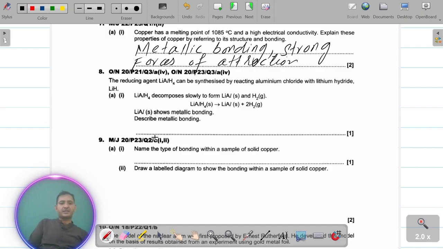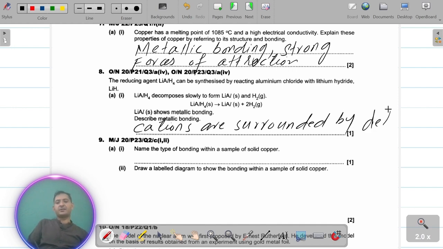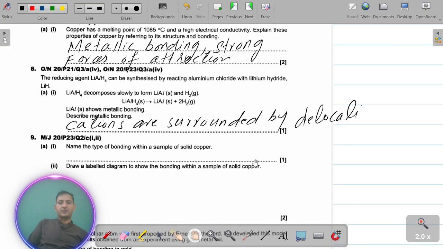Cations are surrounded by free electrons, or you can even write delocalized electrons.